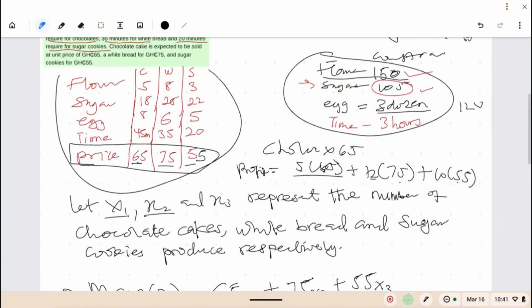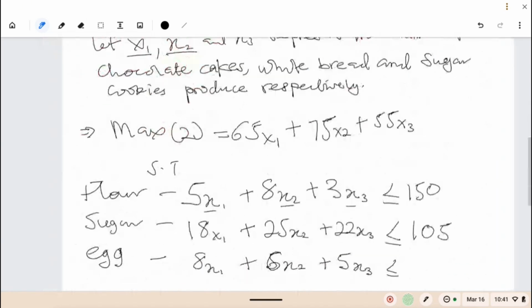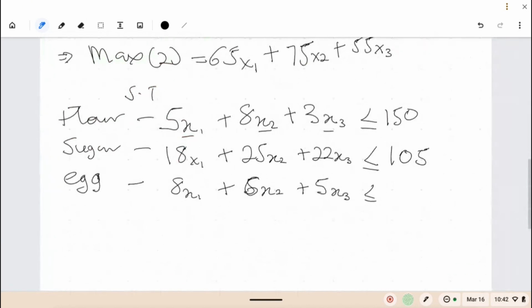So 12 times 3 will give us the total eggs they were having. So 12 times 3, you have 36.